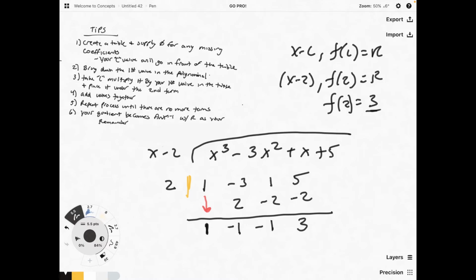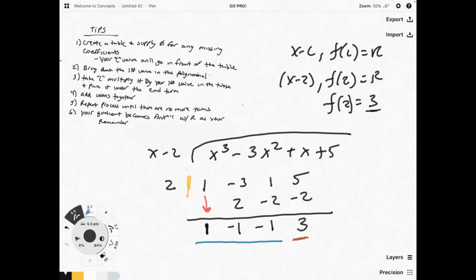Step 6, your quotient becomes ax to the n minus 1, with r as your remainder. What this tells us is that this portion is going to be our quotient, and this is going to be our remainder. With our quotient, we are going to do ax to the n minus 1.